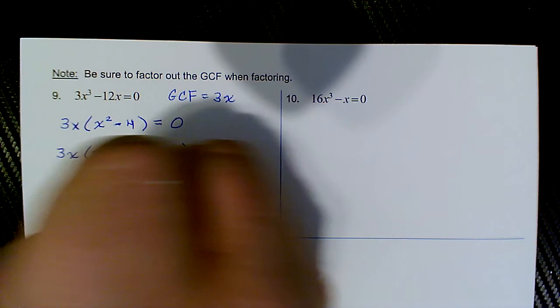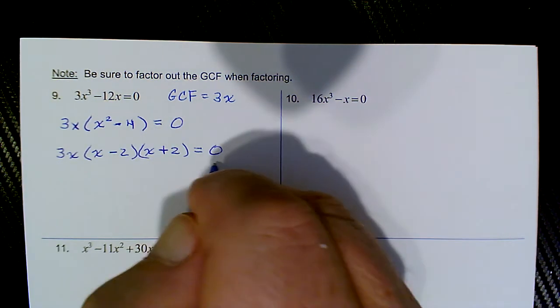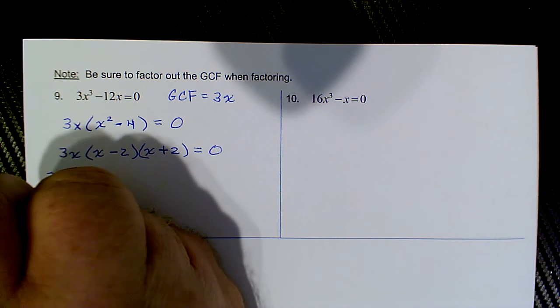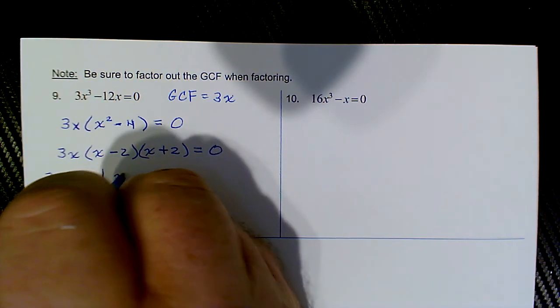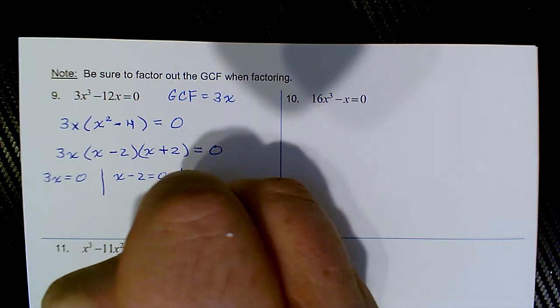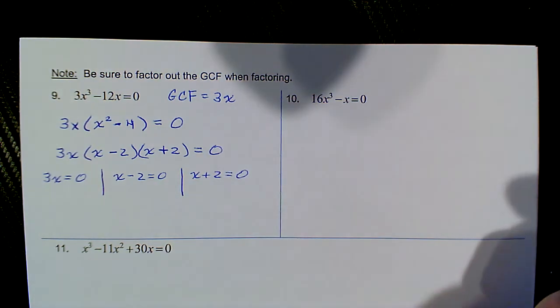And remember, 1 is negative and 1 is positive. Alright, so now we extend the zero factor property, and we set each of the 3 factors to 0. So 3x is 0, x minus 2 is 0, and x plus 2 is 0.